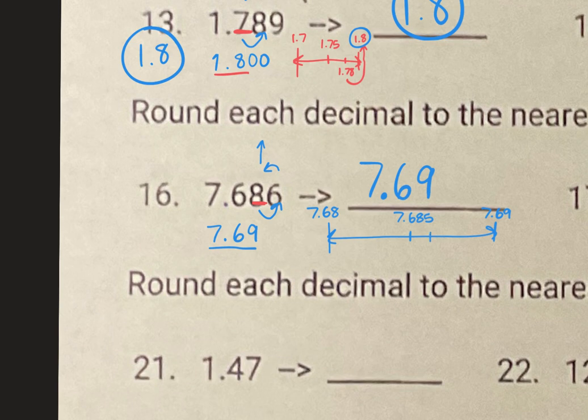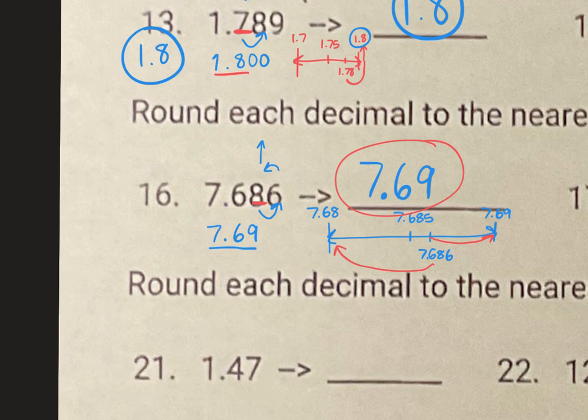So that falls right here, 7.686, or 7 686 thousandths is really how we read that number. And that tells me that this number is closer to 7 69/100ths than it is 7 68/100ths. So my answer is 7 69/100ths, because that number that we started with, 7 686 thousandths, is closer to 7 69/100ths.